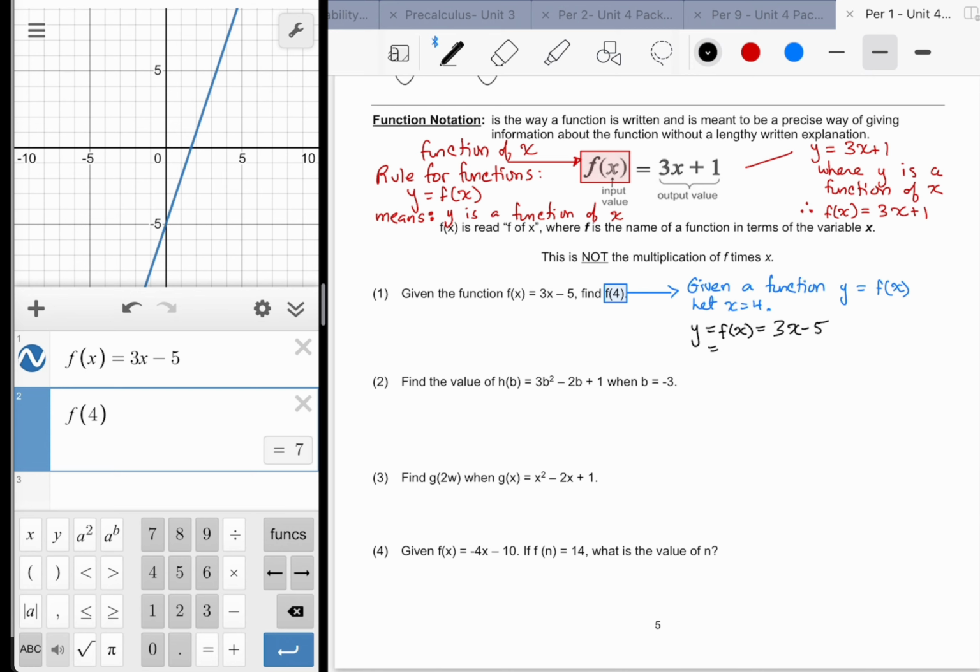Just notation. They're saying let the x value be equal to 4. So this part is notation. We do nothing with it. We just leave that alone.